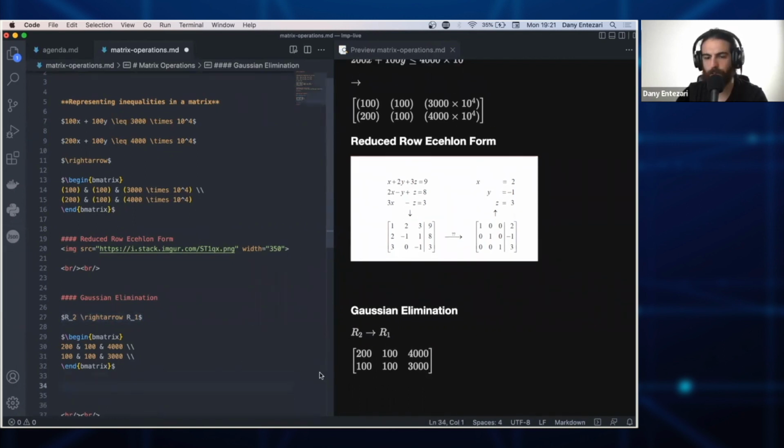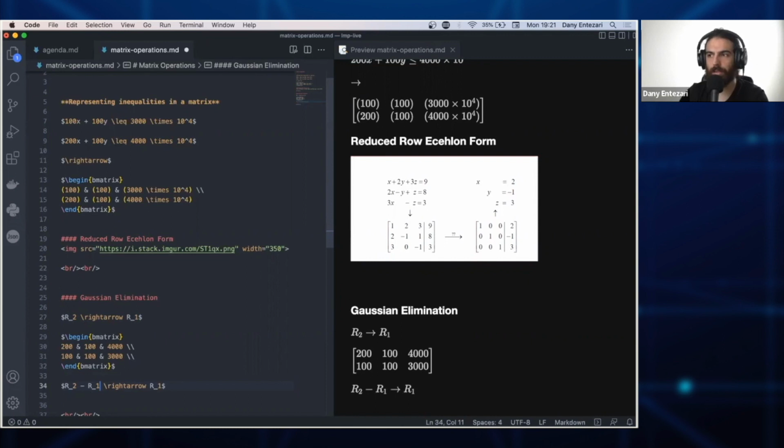Well, I would say we would subtract row 2 from row 1. So the difference of this row and that row, and then the result of that difference, I would put back into row 1. Let me show you what I mean. So what I'm going to do is I'm going to subtract row 2 from row 1.